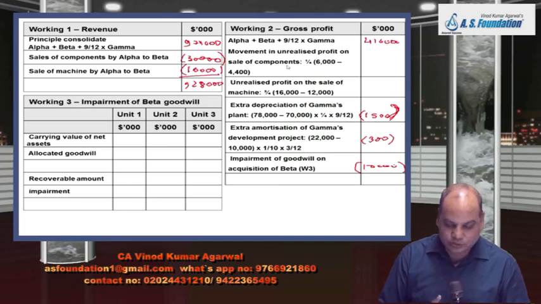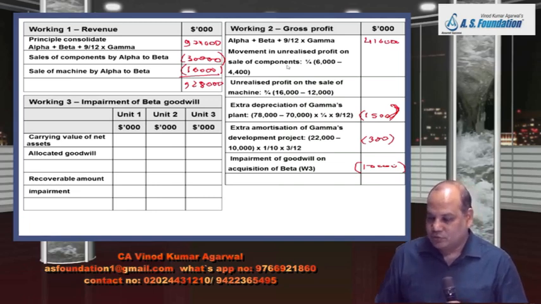On 31st March 14 means closing stock. Inventory included 6 million. On 31st March 13 means opening stock. Inventory was 4.4 million in respect of unsold component purchased from Alpha. So you want to write two separate lines or one line only?